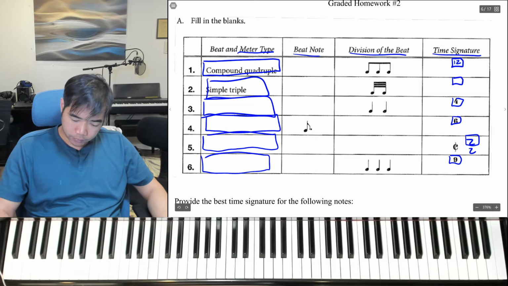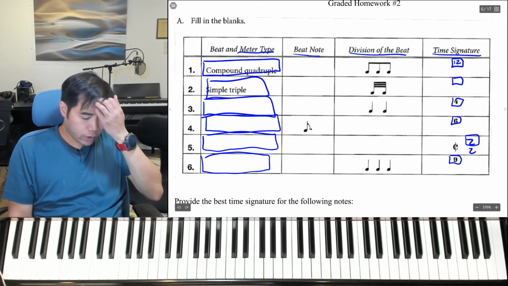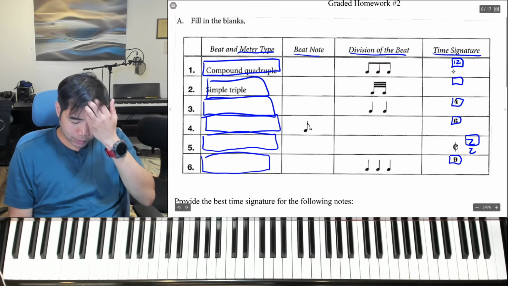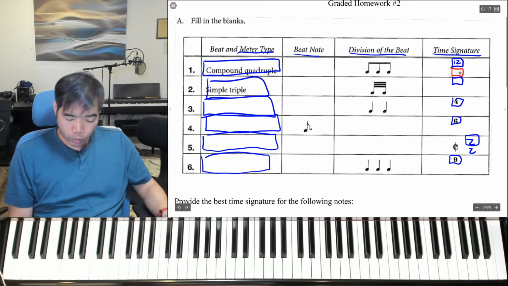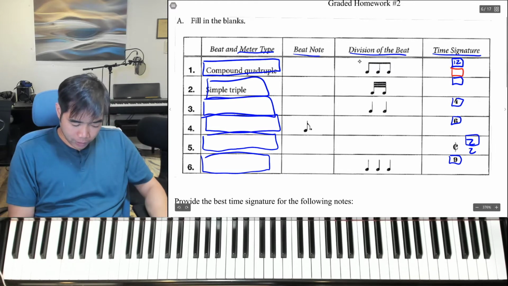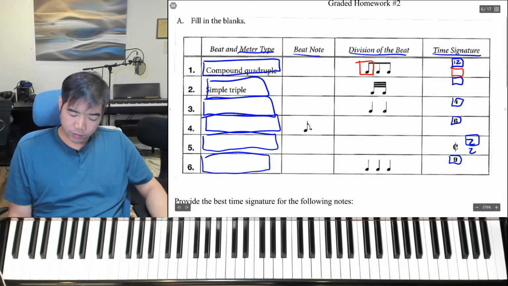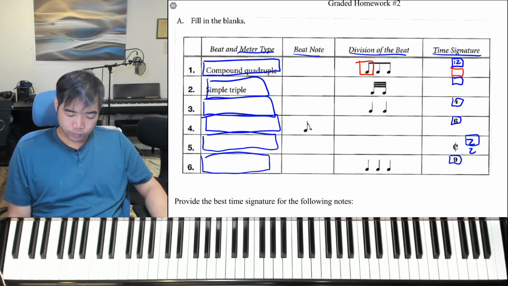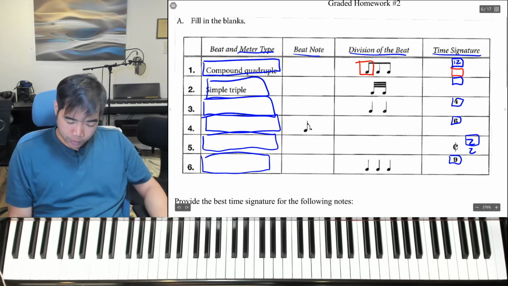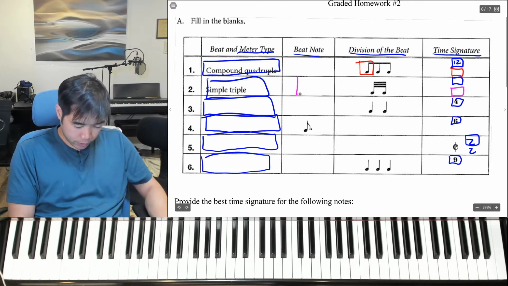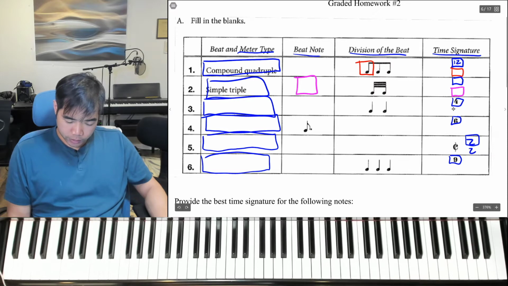I'll do this in red. Okay. When you're in compound time, the lower number is going to be the division of the beat. If you're in simple time, the lower number is going to be the beat note. So this is simple time.